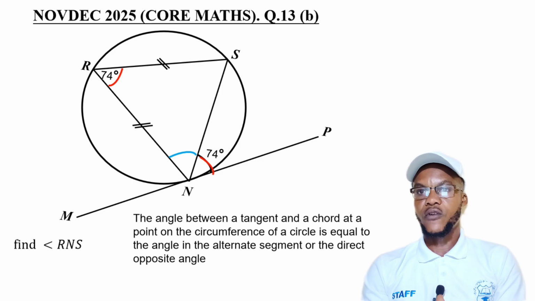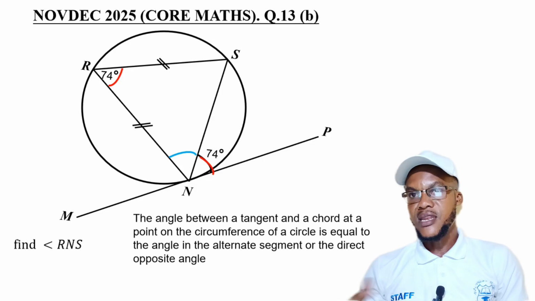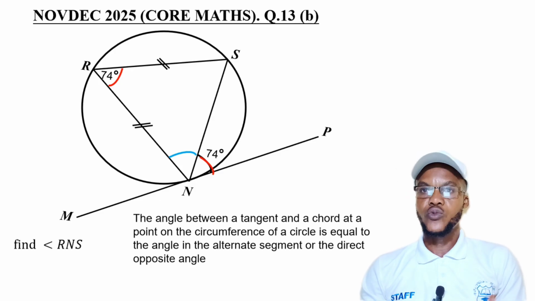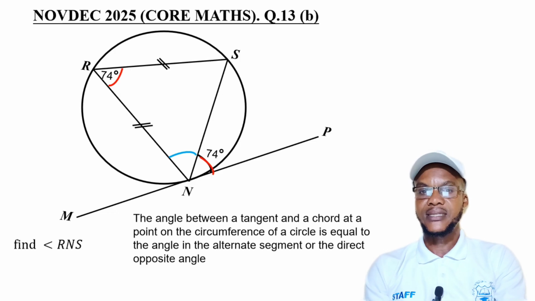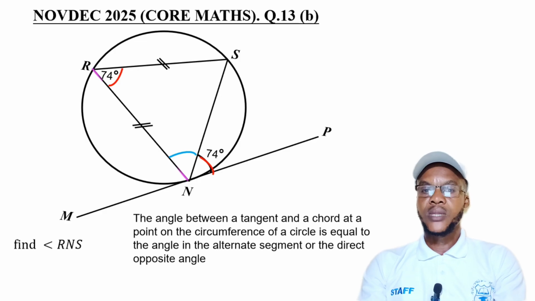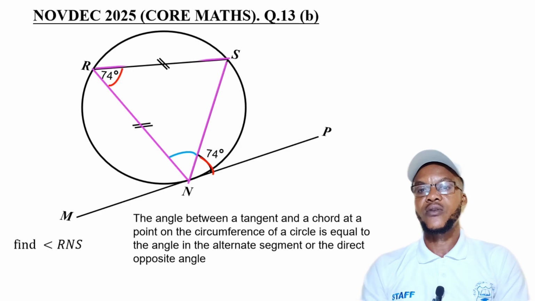Don't forget this property in case you get it in any question. Once we know that is the angle, let's also consider the triangle RNS. This is the triangle we have.